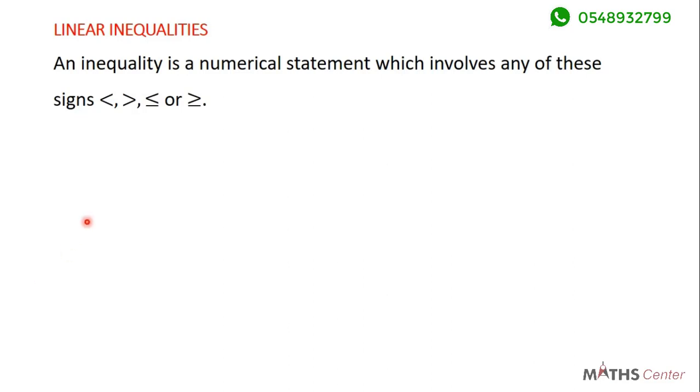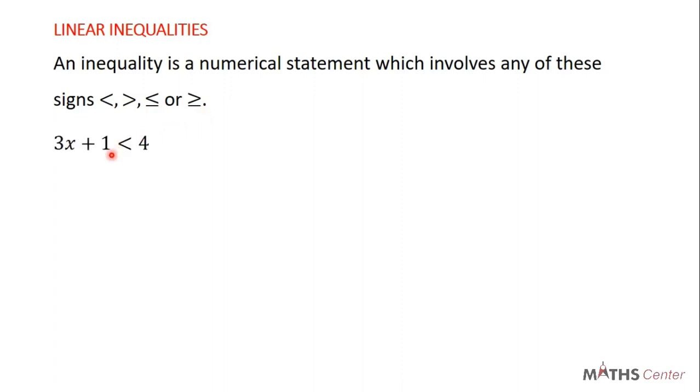In the video on Introduction to Linear Equations, we learned that equations are numerical statements or mathematical statements which involve an equal to sign. So linear inequalities, on the other hand, are numerical statements or mathematical statements which involve these inequality signs: less than, greater than, less than or equal to, or greater than or equal to.